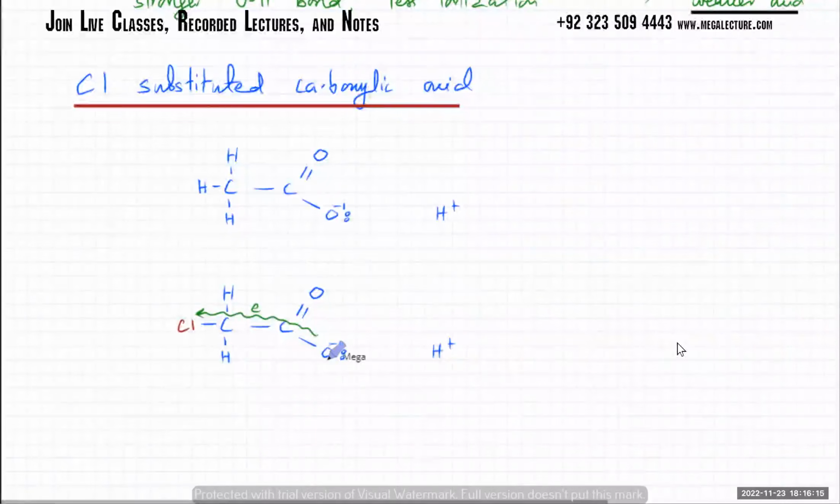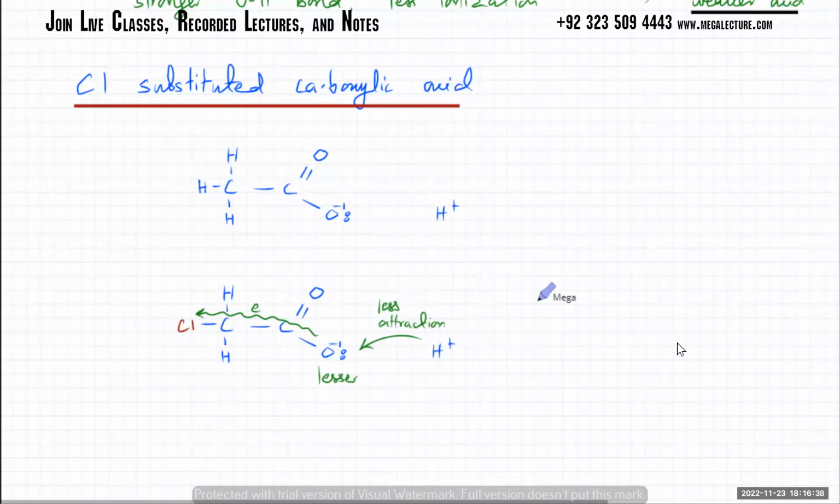So what will happen to the negative charge density over here? It's going to become lesser. And that is why there's going to be less attraction as well. So that's going to lead to less attraction. So stronger acid.